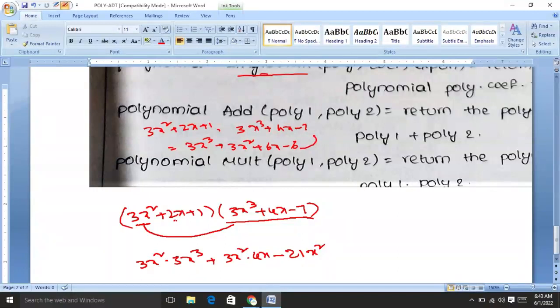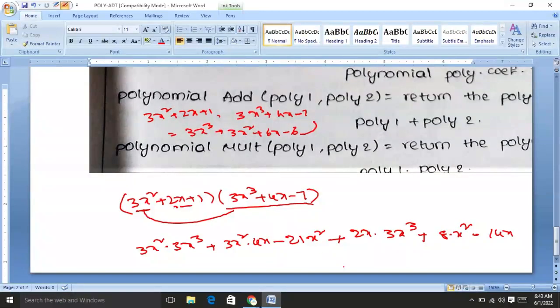Then by using the second term we perform the same: plus 2x into 3x cube, plus 8x square, minus 14x. By using the third term, plus 1 into 3x cube plus 4x minus 7. By simplifying this we get the result.